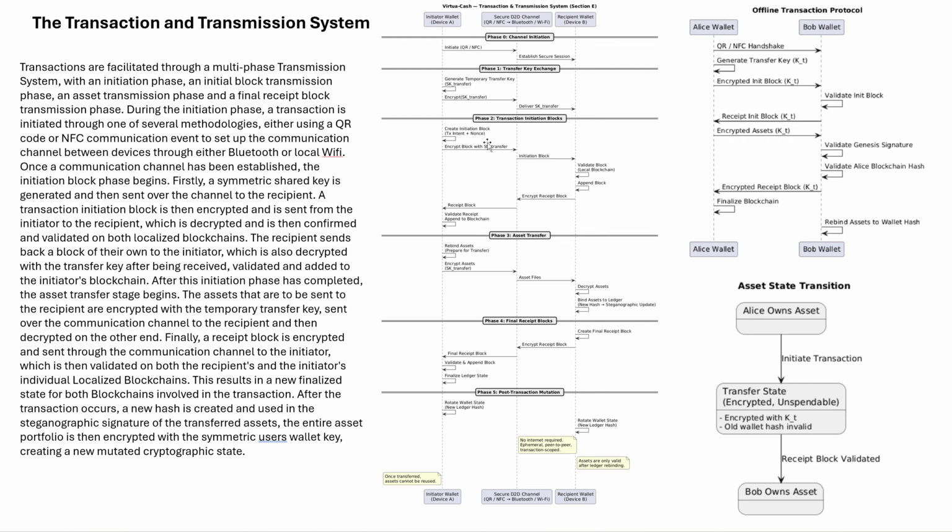Once I have completed that whole check back to my Genesis block, I send my initiation block to the recipient device. The recipient device then validates the block, and then it sends me back a receipt block to say, hey, yeah, I have gotten your request for a transaction. I get that back, and I then validate it as well.